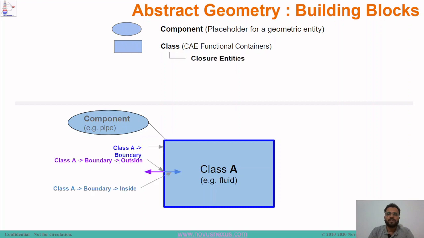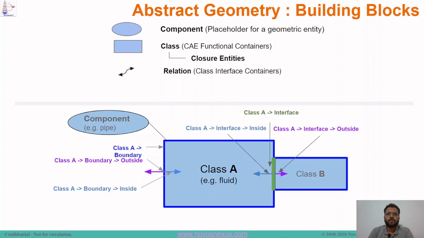Classes have dimensional closures which define the boundaries of the class. For example, the boundary of fluid will be two-dimensional. The closure entities also have a direction representing inside or outside of the abstract class.